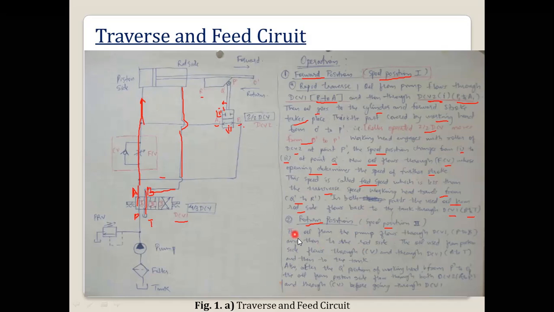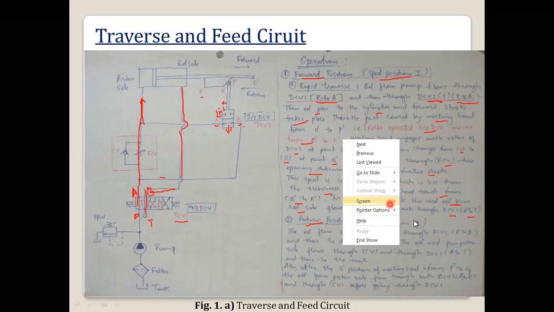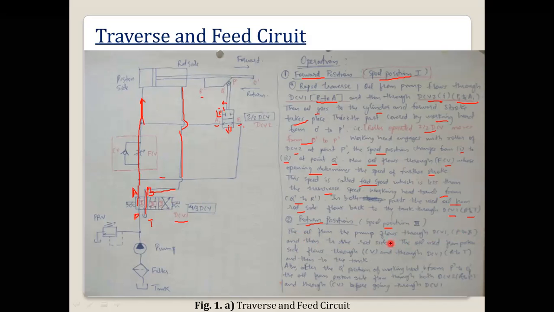Now we will see the oil from the pump flows through DCV1, that is P to B on DCV1, and then to the rod side.